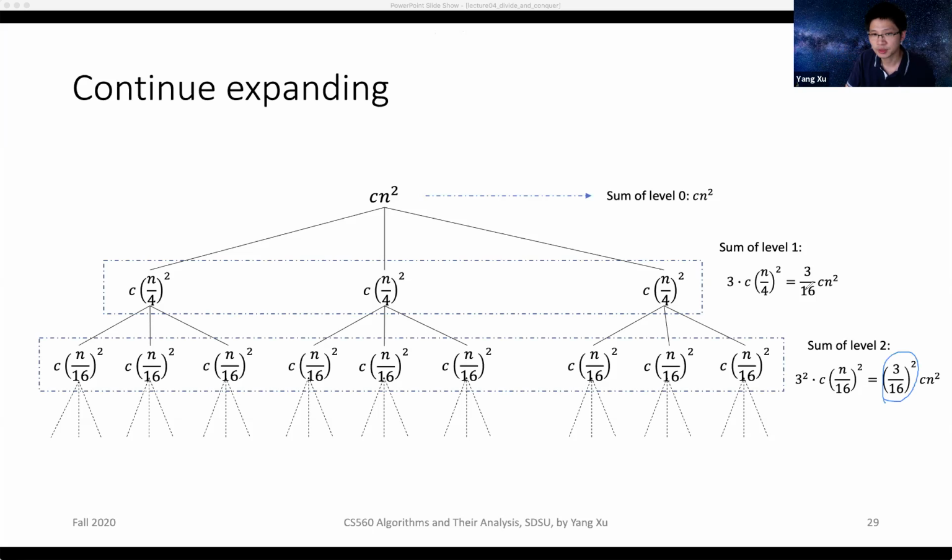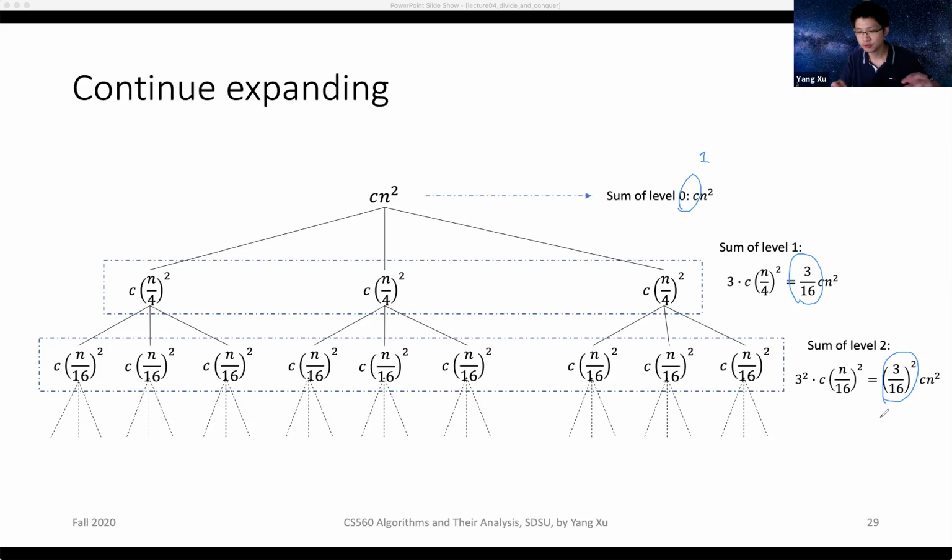A little bit of comparison with the previous levels: the coefficient here is 1, here it is 3/16, and here it is (3/16) to the power of 2. So we may guess that there could be a pattern here, and maybe for level 3 the total summation is (3/16) to the power of 3. It gives us some hope to solve this per level summation.